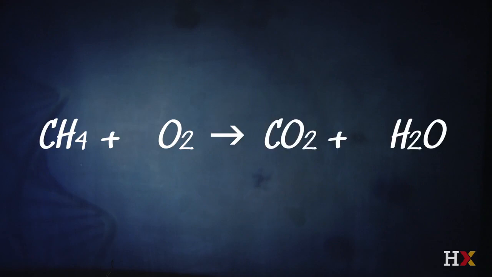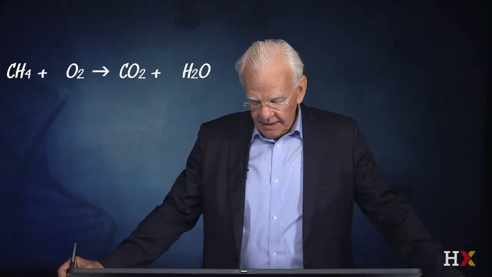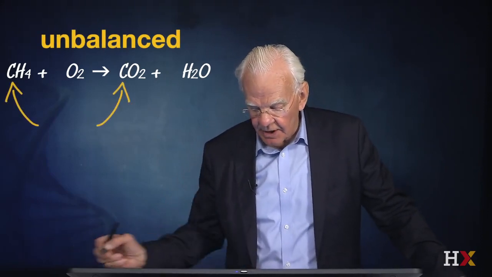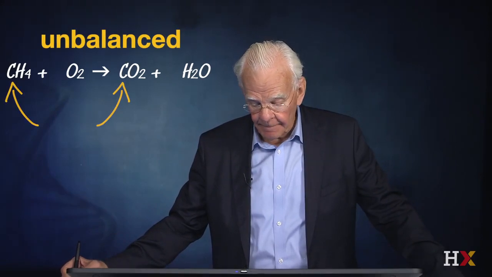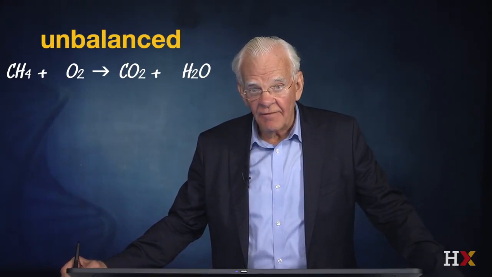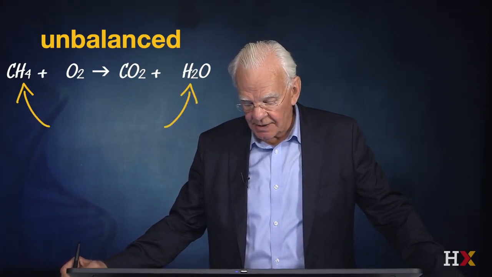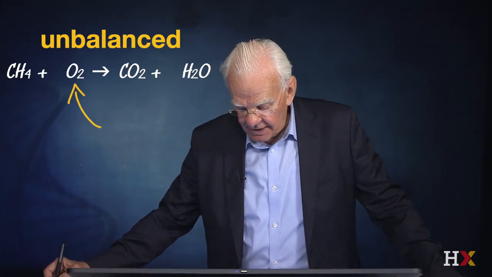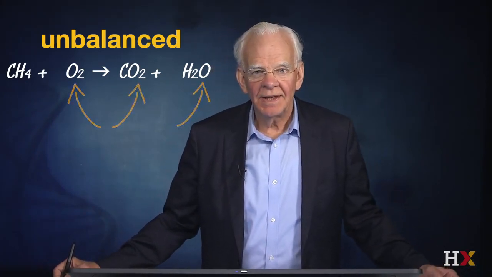The first thing we recognize after writing down what those species are is that that chemical equation is unbalanced. It's balanced with respect to the carbon. There's one carbon atom on each side, but there are 4 hydrogen atoms on the left-hand side and only 2 on the right-hand side. There are also 2 oxygens on the left-hand side and 3 on the right-hand side. So we need to balance this.